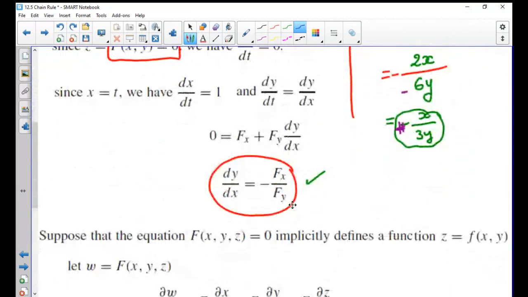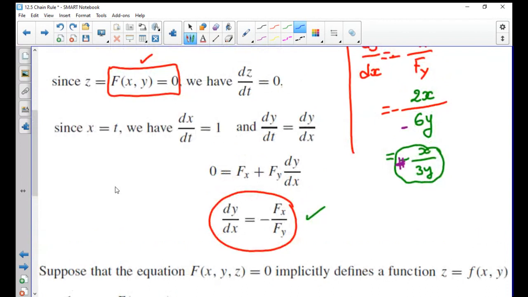So the rules are there, they're easy to use. It's a direct calculation, nothing difficult.